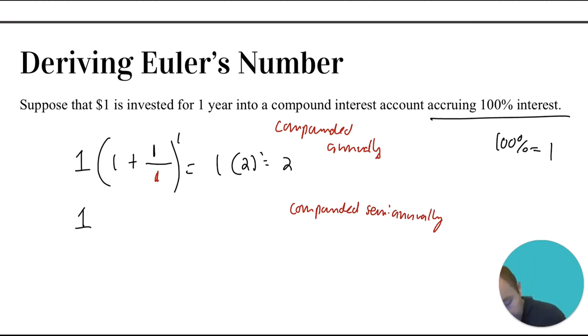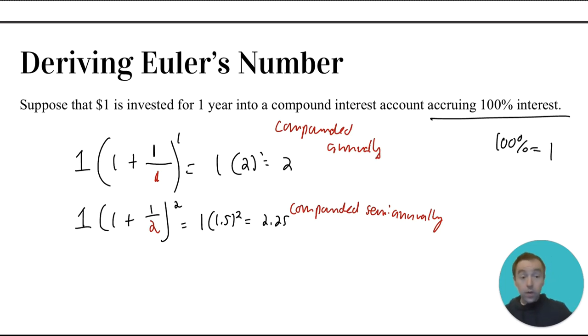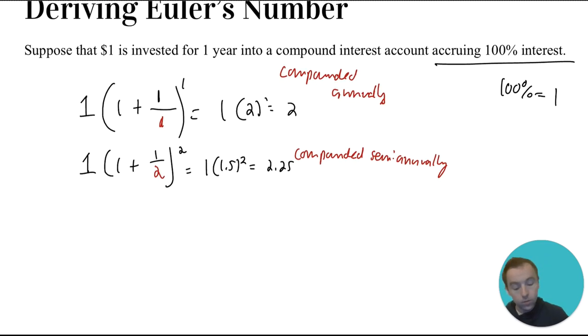That would look like this, where you take your interest rate of 1 but divide it into 2 increments, and then you earn interest twice per year, so the exponent would become a 2 as well. If we evaluate this, it would be 1 times 1.5 squared, which equals 2.25. So you would end up with more money after 1 year if you earned 50% interest twice during the year instead of earning 100% interest once, right?